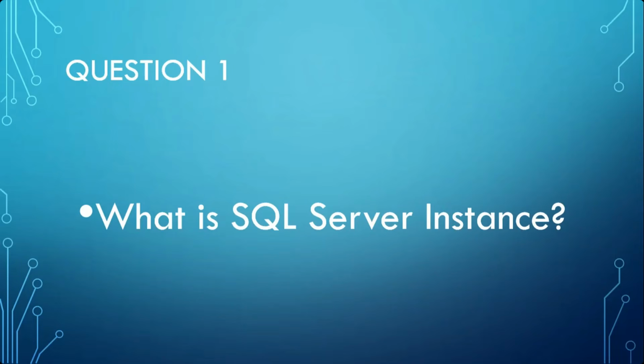How many? That depends on the version. There is a document called maximum capacity specification where you will come to know how many instances can be installed per server. This is useful when a company is hosting data of many clients and they can choose to store one client's data in one instance, meaning one application instance of SQL Server.